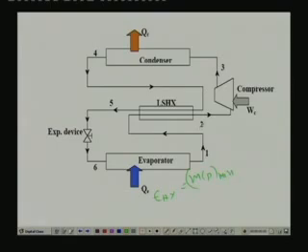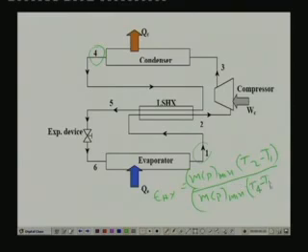What is the delta T actual? Delta T actual is nothing but T2 minus T1, the actual temperature change of the vapor, divided by MCP minimum into delta T maximum. Here the delta T maximum is the difference between the maximum temperature, which is the outlet temperature of the condenser, and the minimum temperature, which is the outlet temperature of the evaporator. So, MCP delta T maximum is T4 minus T1.